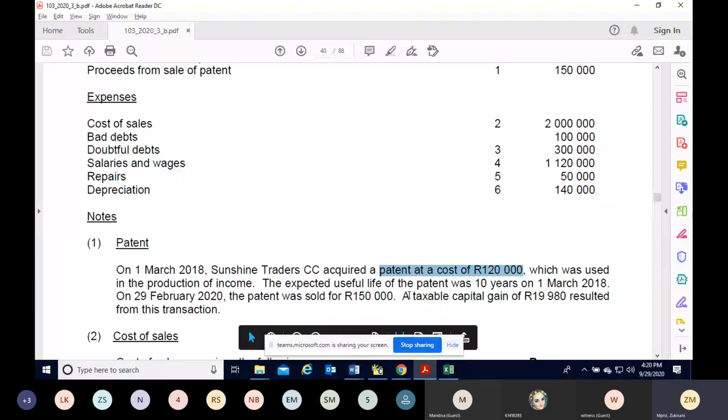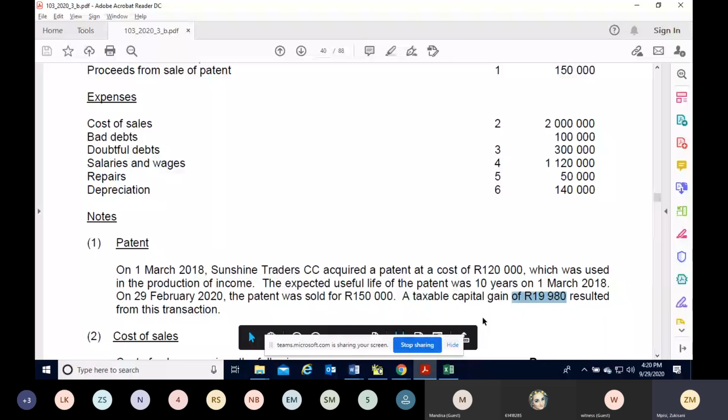The expected useful life of the patent was 10 years. On 29 February 2020, the patent was sold for 150. A taxable capital gain of 19,980 resulted from this transaction.